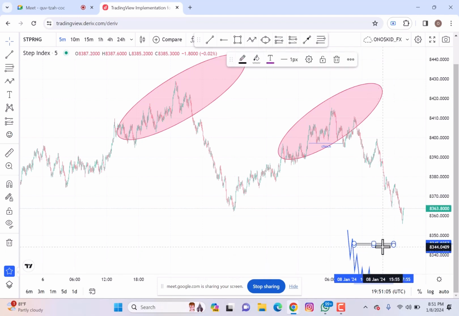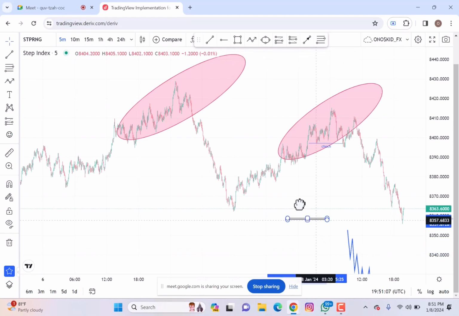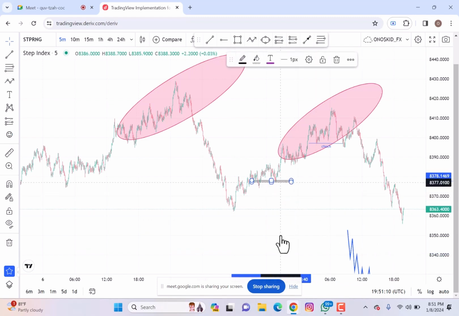So try as much as you can to go to a higher time frame, maybe 1 hour. You should be taking your entry from 1 hour, H4, or daily time frame support. Those are very strong support or resistance levels.